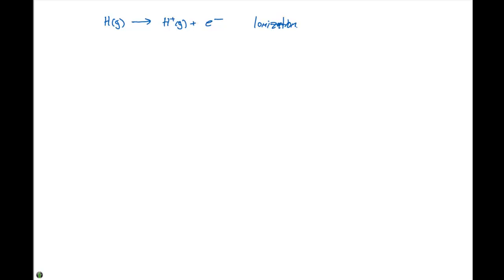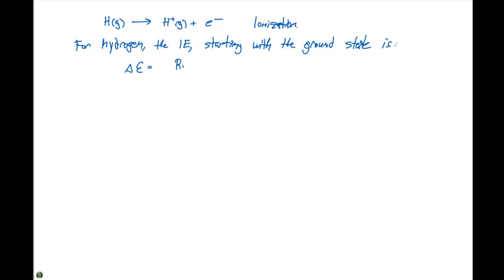And if we want to look at the energy that it takes to remove that electron, we call that ionization energy, and we abbreviate that with a capital I and a capital E. So for hydrogen, the ionization energy, starting with the ground state, is delta E equal to our Rydberg constant over 1 squared, which equals 2.18 times 10 to the minus 18th joules.